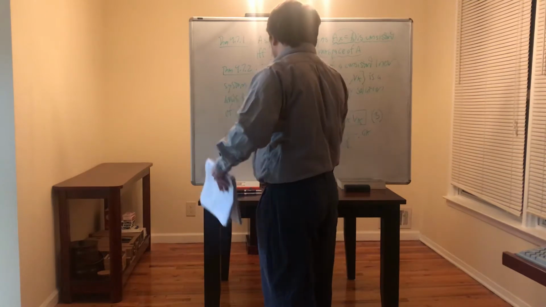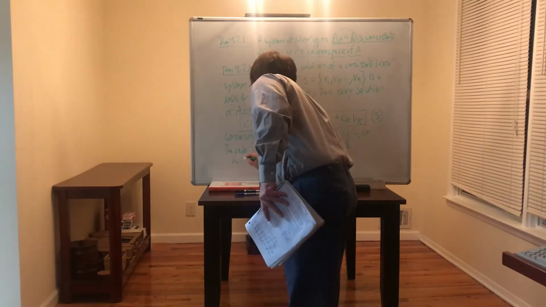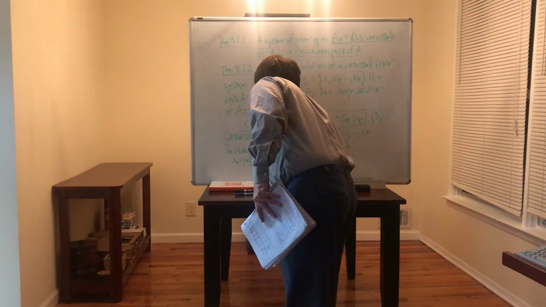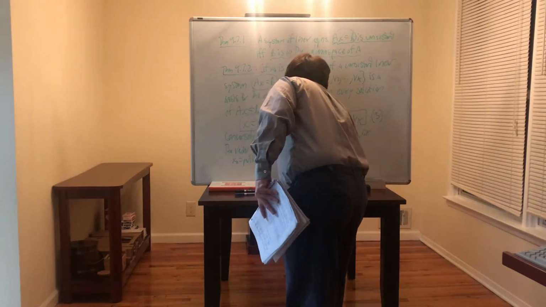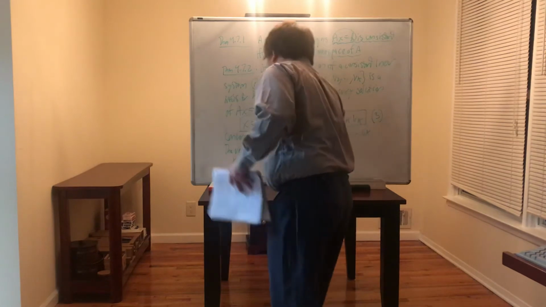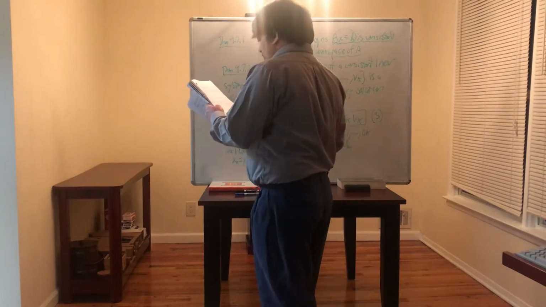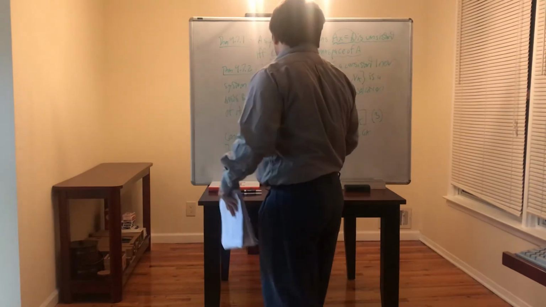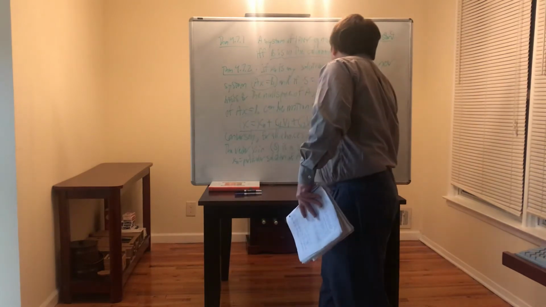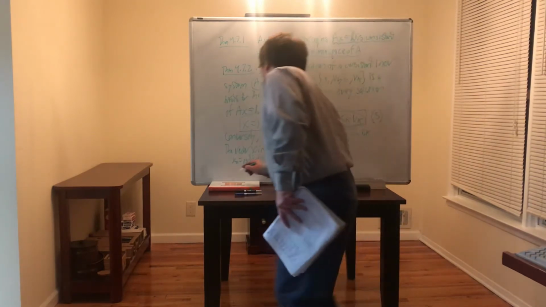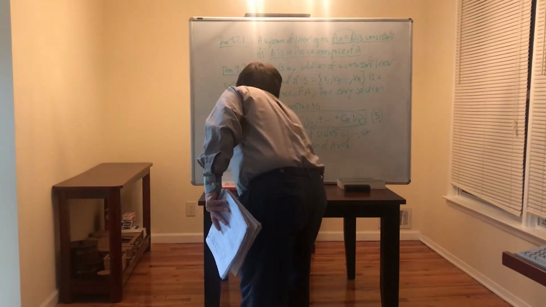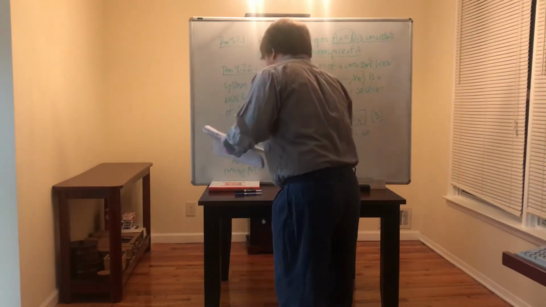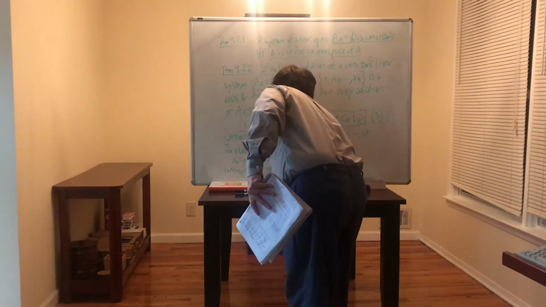So X naught, like I was saying, is a particular solution of AX equals B. And the remaining part, by which I mean all of that, is the general solution of AX equals 0.